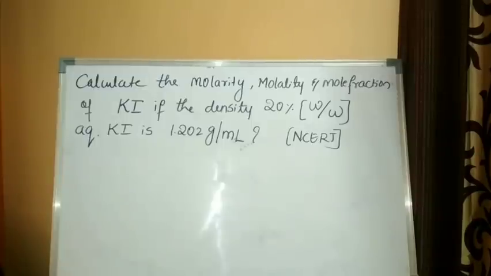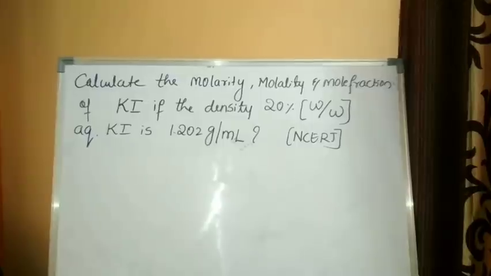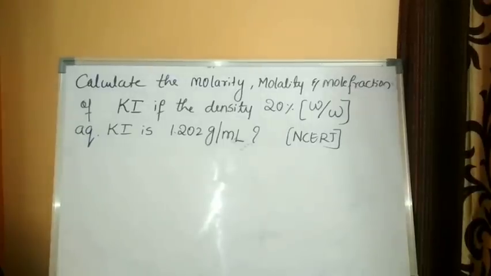So the density is given here, and the percentage of the potassium iodide solution is given. Weight by weight means 20 gram of potassium iodide is dissolved in 100 gram of water. By using that you need to find the molality and the mole fraction. Try to solve it so we can discuss the answer in the next class.